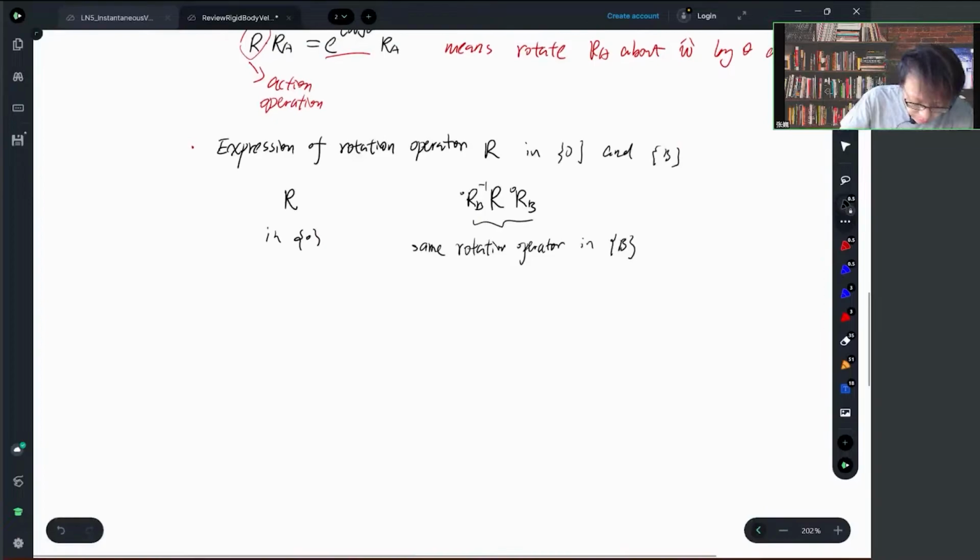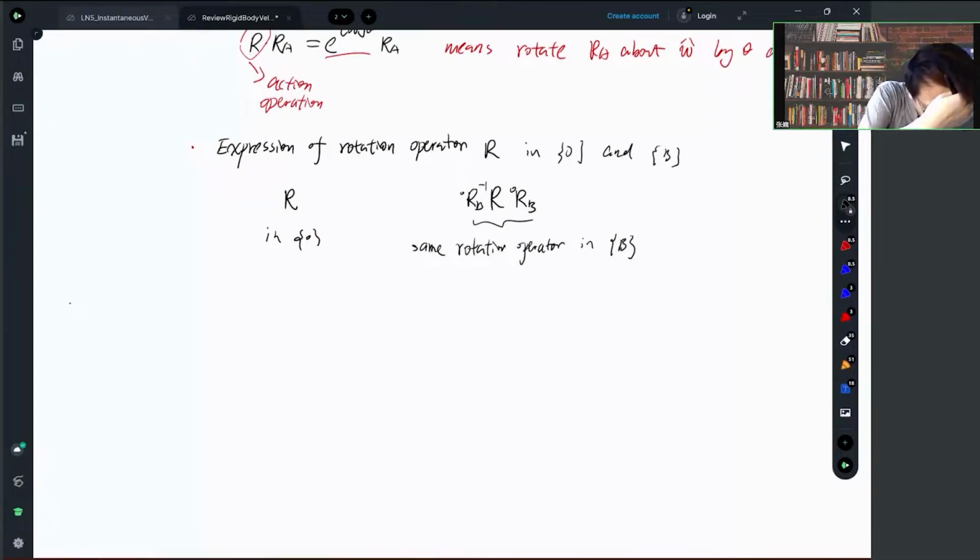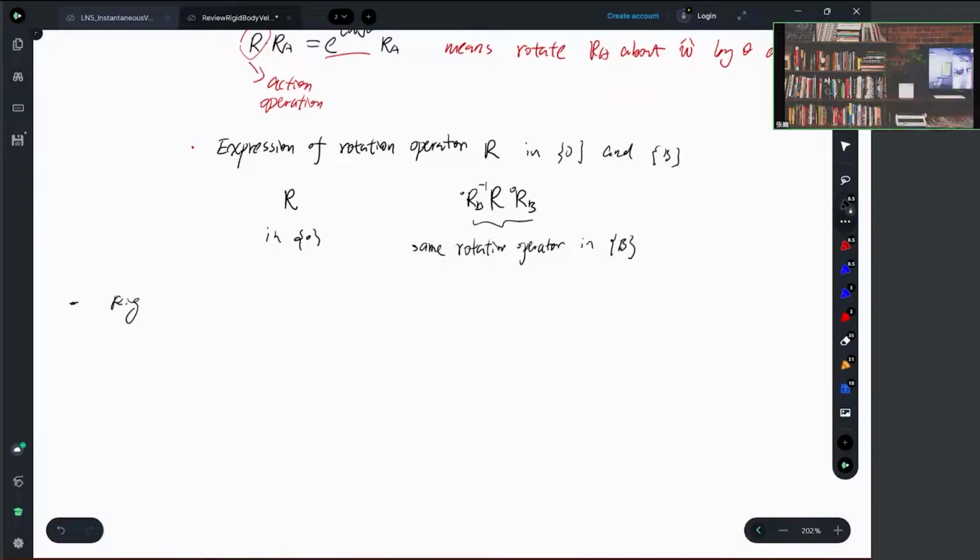And similarly, once you know rotation, we can do homogeneous transformation. Now this is not only a rotation, but a rigid body motion or transformation, and exponential coordinates.